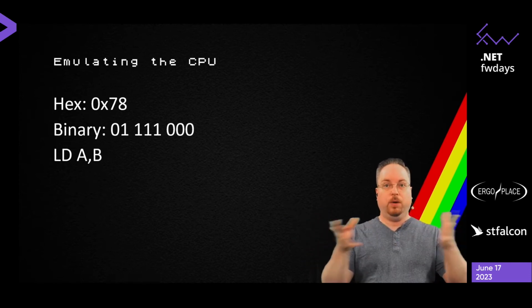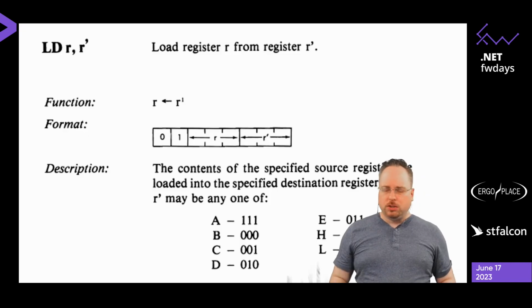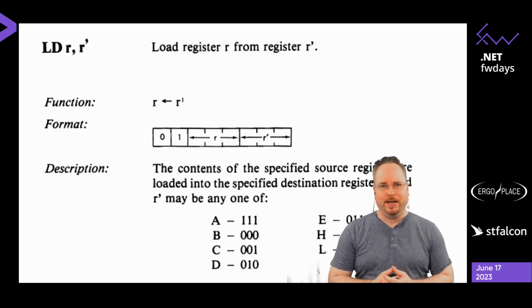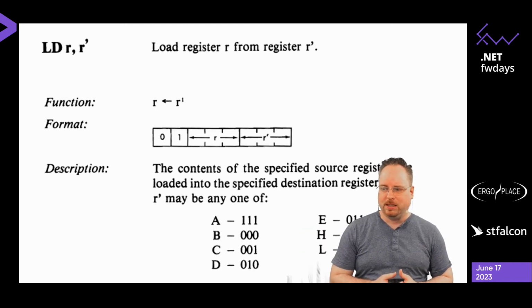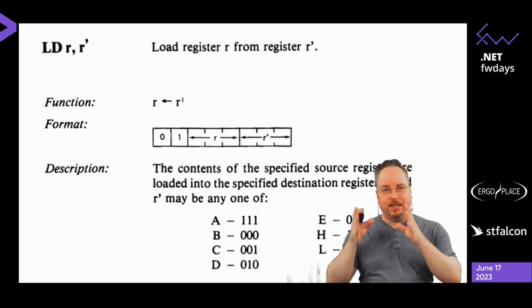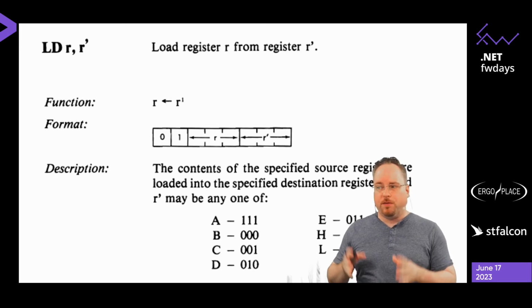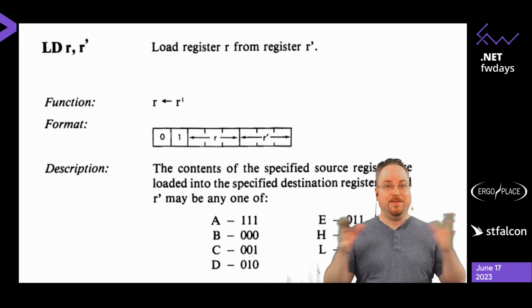That's basically what that instruction would do. So let's bring out our trusty Z80 book and take a look at what is actually happening here. So 01 followed by the destination register followed by the source register. That is where the 78 comes from.